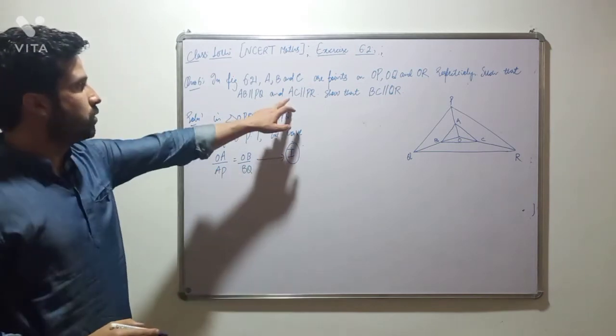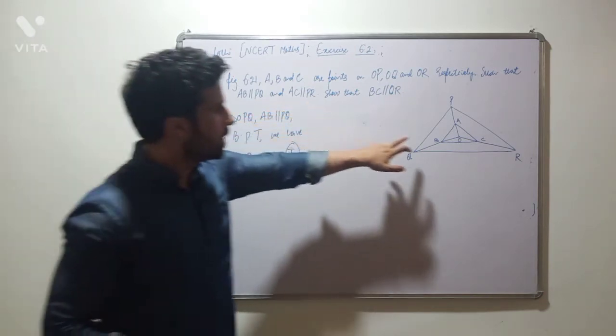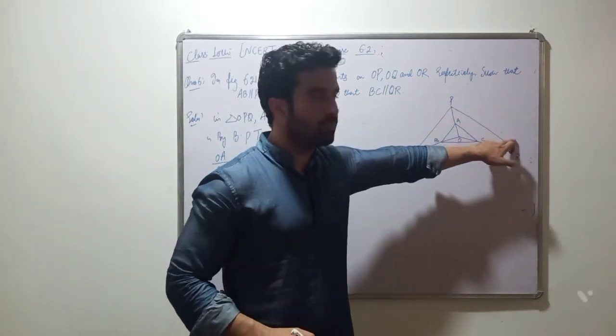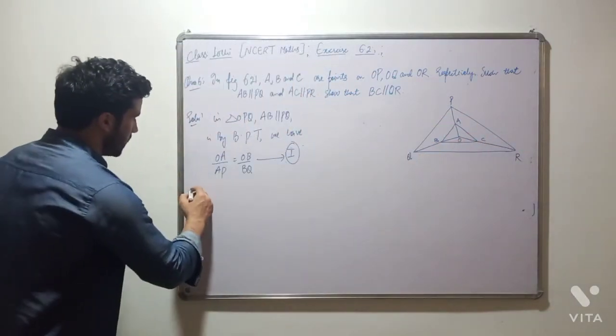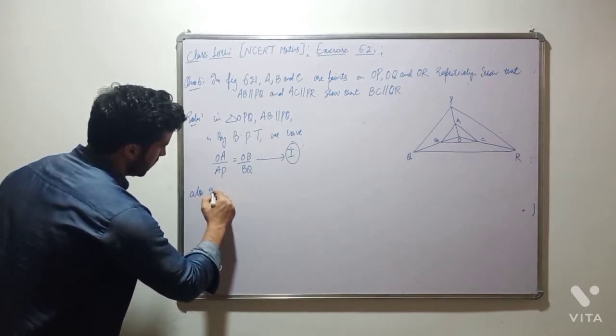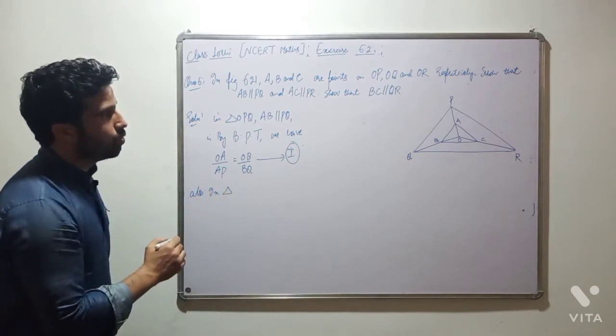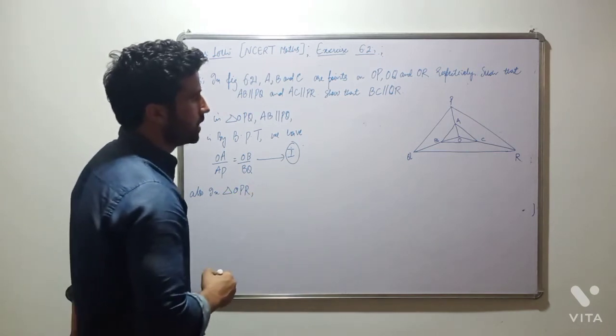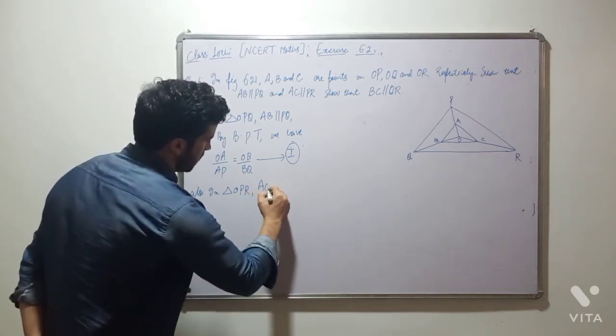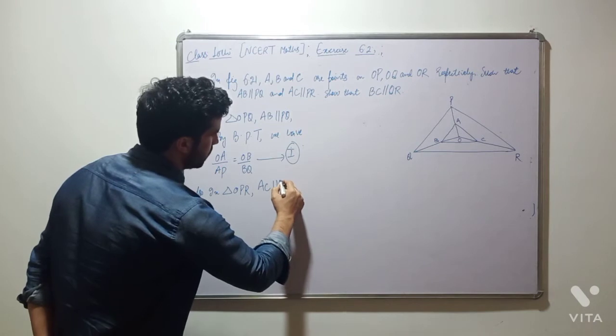Okay, now we will use this. AC is parallel to PR. This means consider triangle OPR. Similarly, we can write also in triangle OPR, AC is parallel to PR.